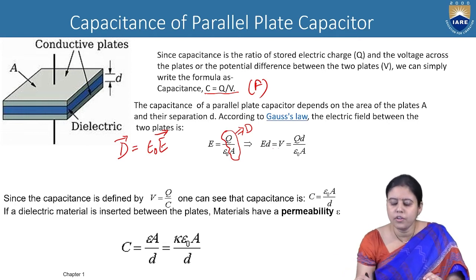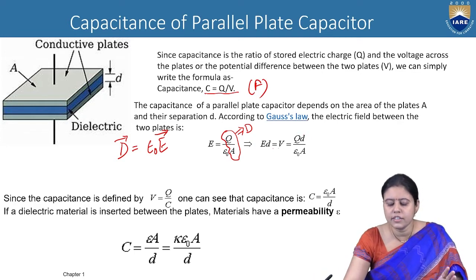If we substitute the value of E, Q is equal to epsilon 0 A into D. We already got this value.